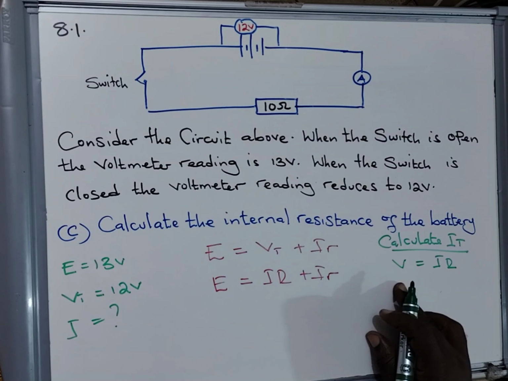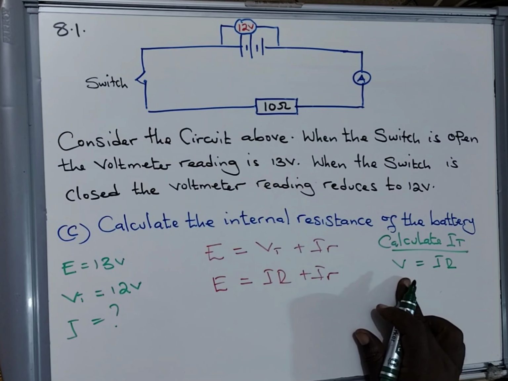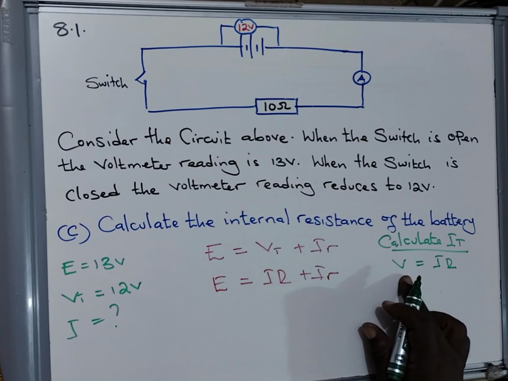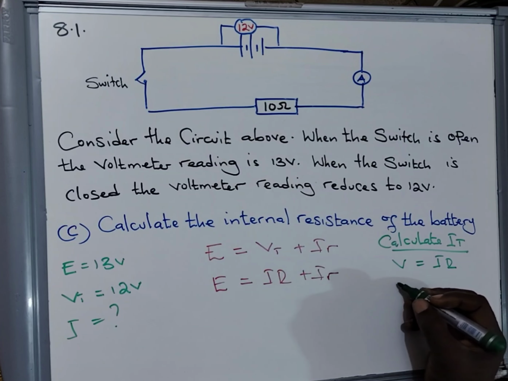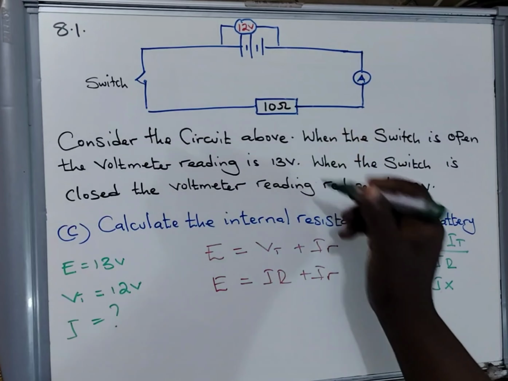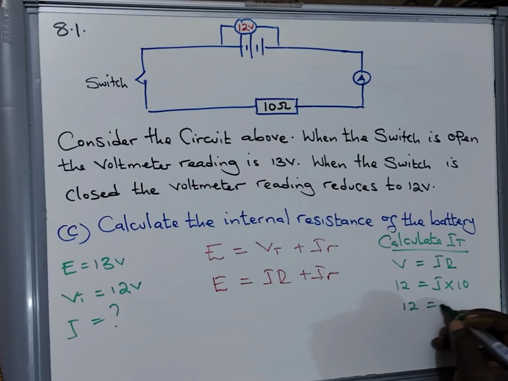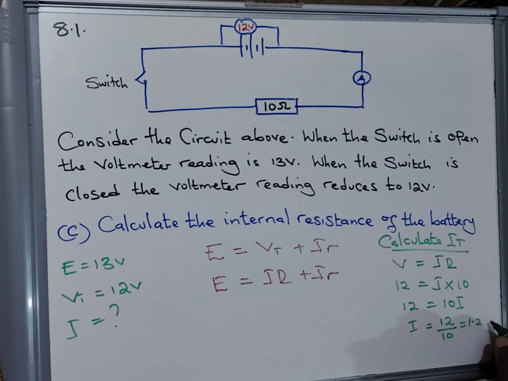And we need to know that for the case of the circuit, when you are using Ohm's law, we use terminal voltage, which is now 12, giving you current times our resistance of 10. So implying that 12 is equal to 10I. So current is going to be given by what? 12 over 10, giving you 1.2 ampere.